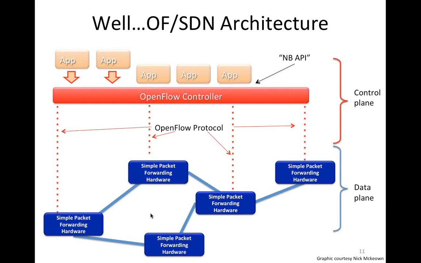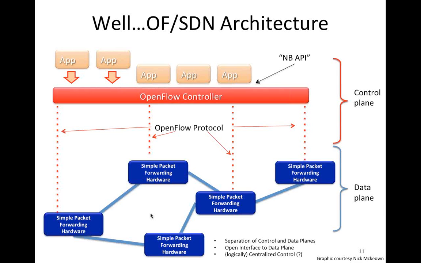But for scale and resilience in general purpose control planes, we know that you need distributed systems, right? Now, this is showing us there's a centralized controller here. Well, as soon as people started implementing this, they realized this has to be a distributed system for the reasons I just mentioned. So we got to this.